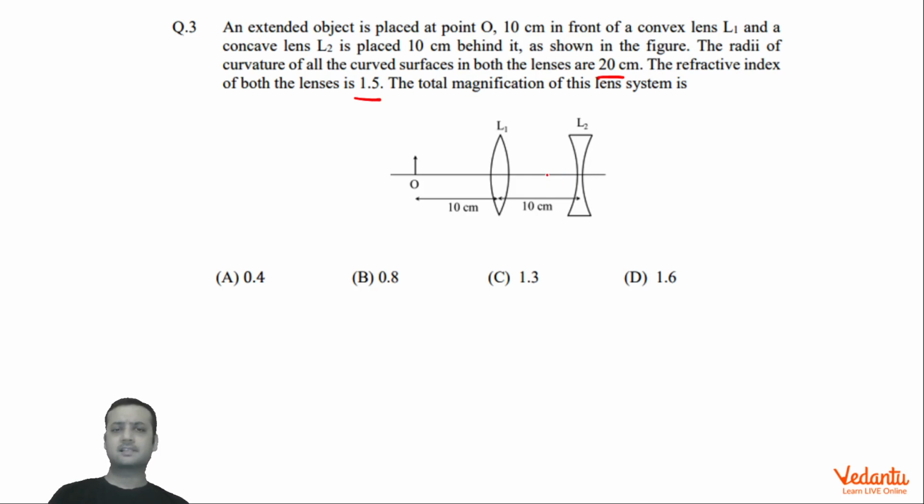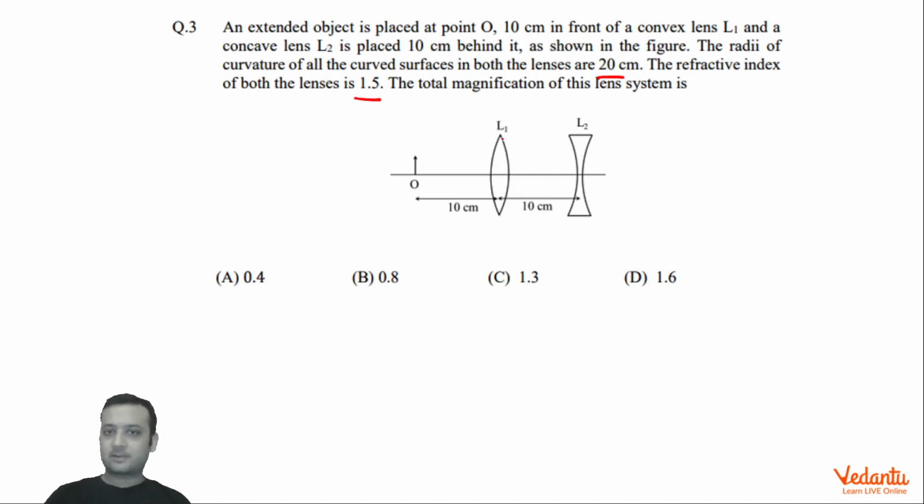So basically, the first thing we calculate is the focal length of both the lenses. It's standard data that if equiconvex or equiconcave lenses are kept in air, both radii of curvature are the same, that means R1, R2 same in magnitude. If their refractive index is 1.5, then f and R are same in magnitude.